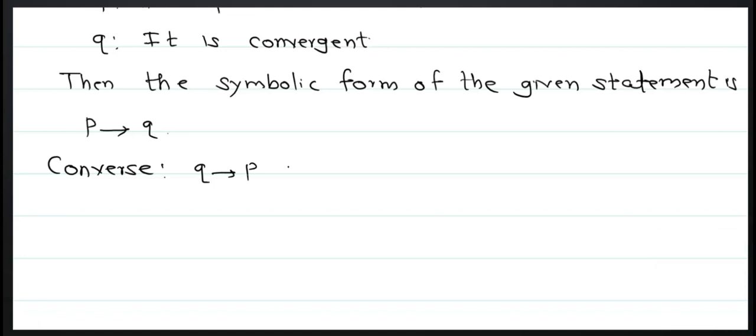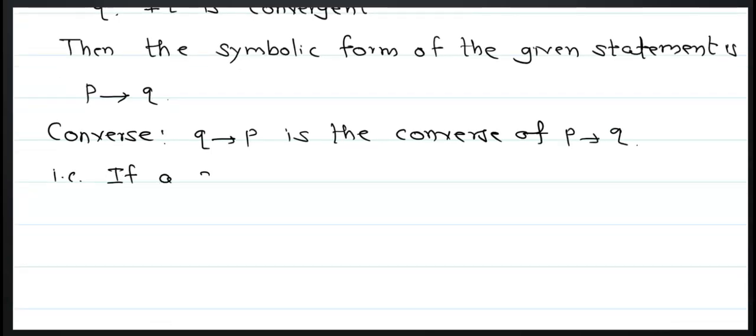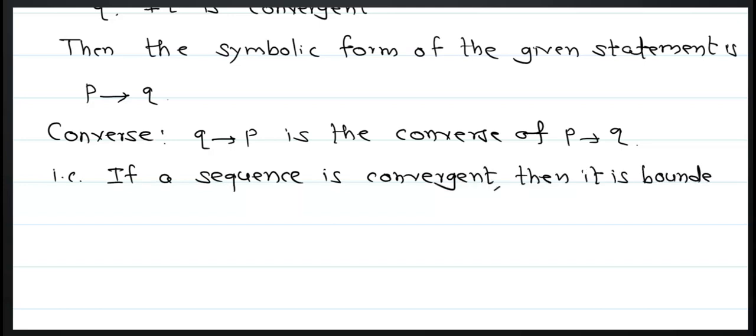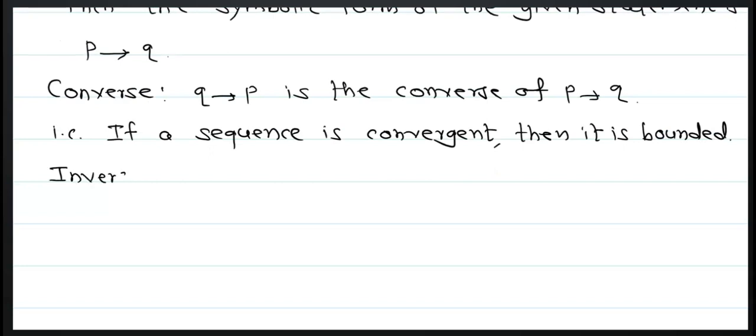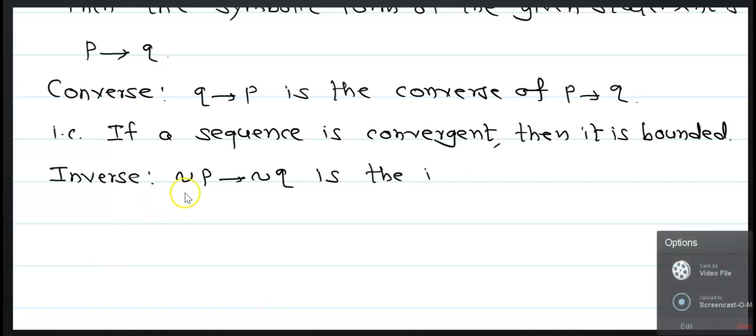That is Q implies P, the converse of P implies Q. That is, if the sequence is convergent, then it is bounded. This is the converse. The inverse is the negation of P implies negation of Q.